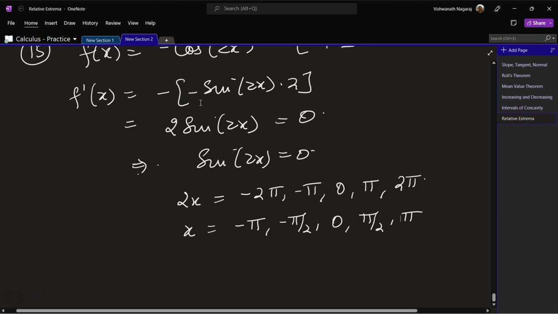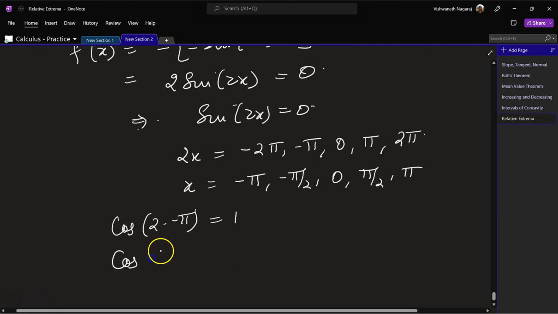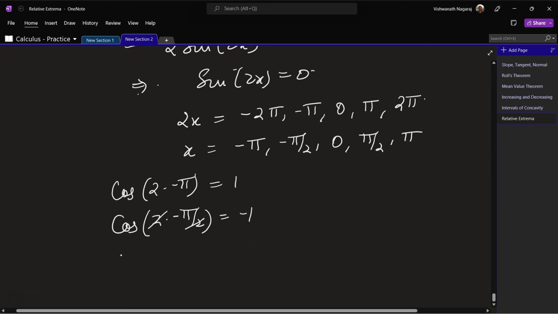You can figure out the coordinates, cos of 2x. So cos of 2 times minus pi, which is minus 2 pi, which is nothing but 0. So cos 0 is 1. Cos of 2 times minus pi by 2, 2 2 cancels. Cos of minus pi is minus 1. Okay. Now cos of 2 times 0 is cos 0, which is 1. Cos of 2 times pi, that is 2 pi, which is again 1.